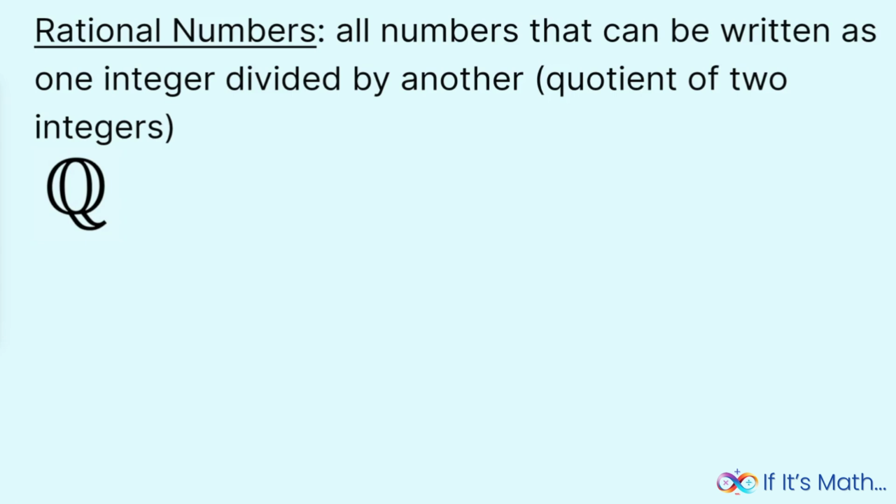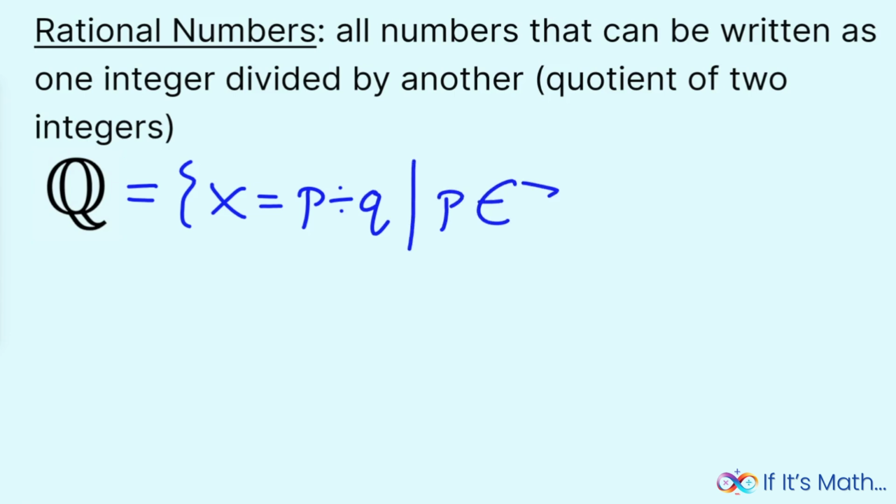So we have to think about how to really define it using our set notation. Let's figure out how to break this down. Q is going to be the set of all numbers x that can be represented as p divided by q, such that p is an integer and q is an integer.